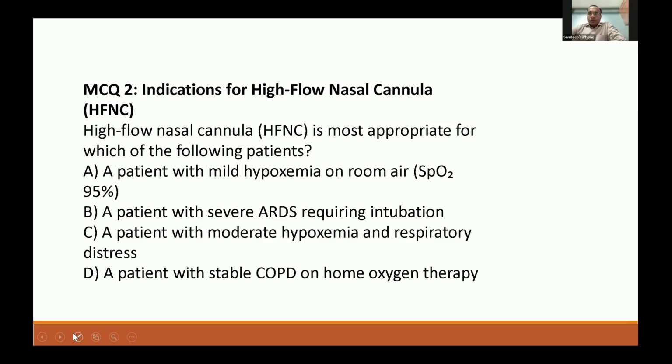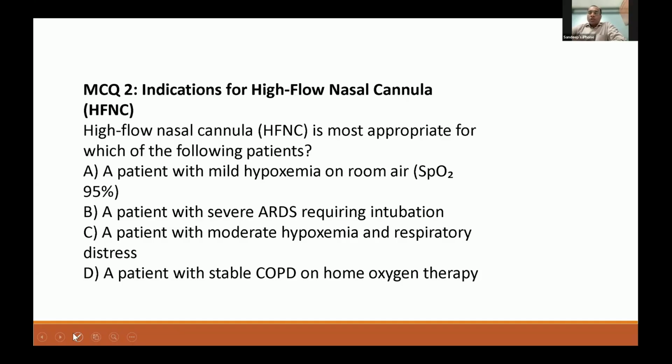Somebody wants to say B. Why not B? Okay. So high flow nasal cannula system is entirely different from simple nasal cannula.